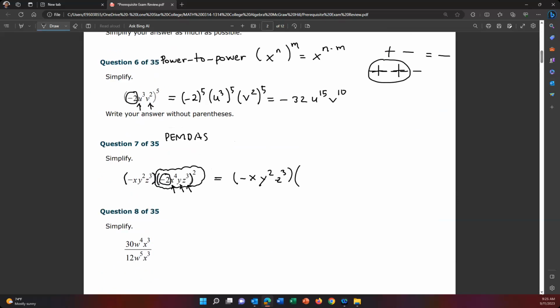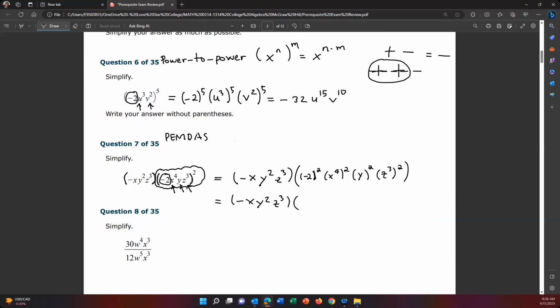So in this case, we could say that will be -2 squared, then we have x to the 4th power squared, then we have y squared, and then we have z cubed squared. So we're not doing anything to the first parenthesis, so I'm just going to rewrite it.